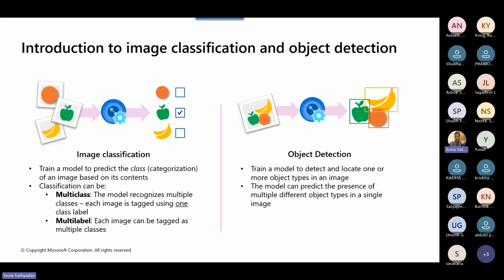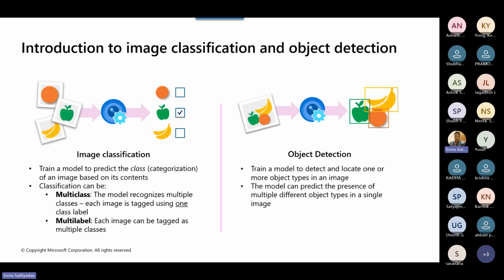But a multi-label means each image can be tagged as multiple classes. For example, one picture will come in multiple categories. For example, if I'm uploading tomato, okay. So I have the categories like vegetables, fruits, then nuts, and there are a lot of categories I have.